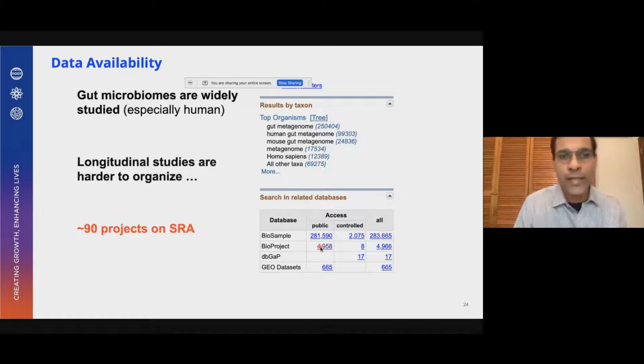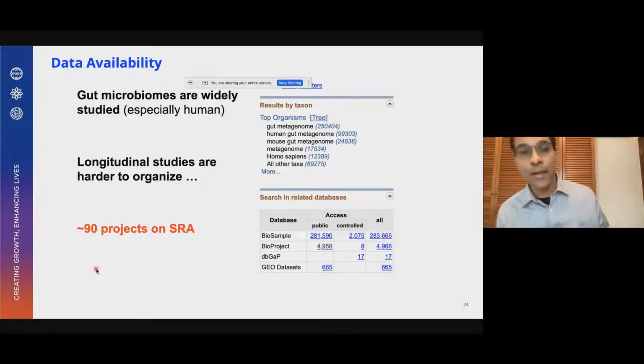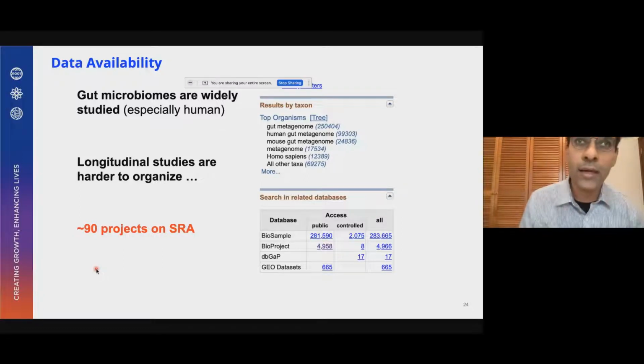But nearly all of these are cross-sectional studies. If you simply search for longitudinal studies with a few keywords, you get only a handful of projects. So it's a very small set of studies which have many time points. And these time series are also not necessarily very long. The ones I showed that are year long are very rare to find.